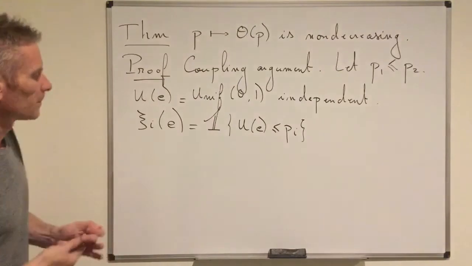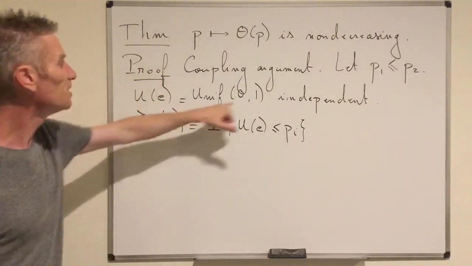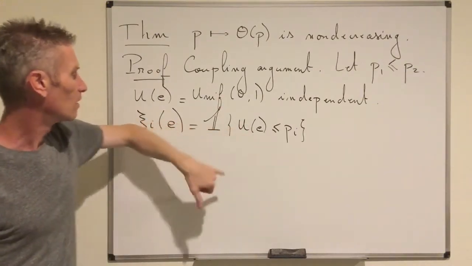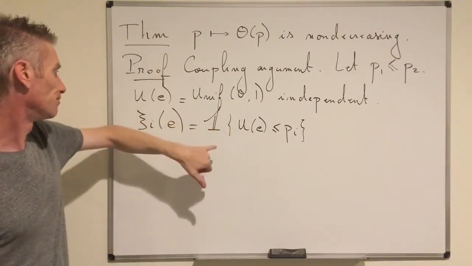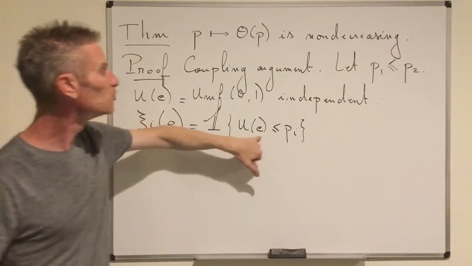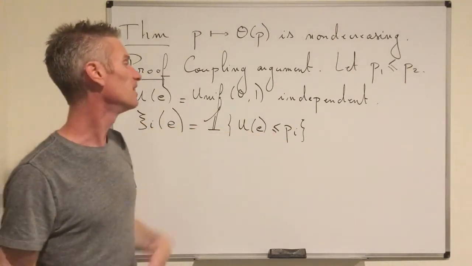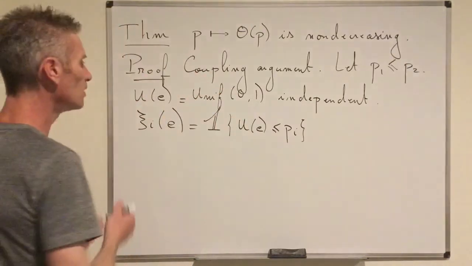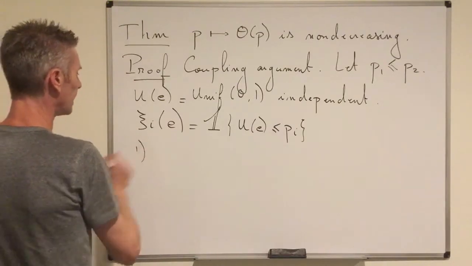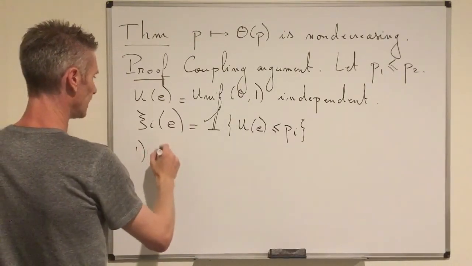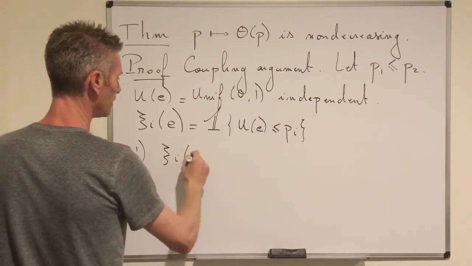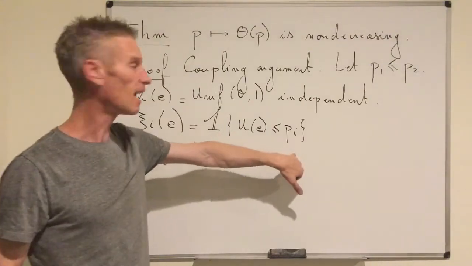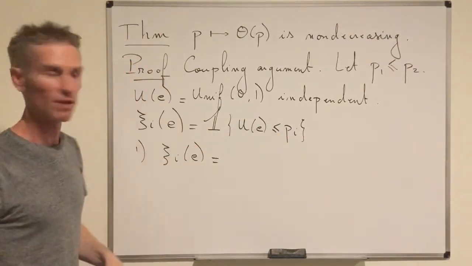So clearly, if U is uniform in the interval 0, 1, the probability that U of E is less than Pi is going to be exactly Pi. So from this construction, we deduce first thing that Xi of E is indeed equal to 1 with probability Pi, or 0 with probability 1 minus Pi.